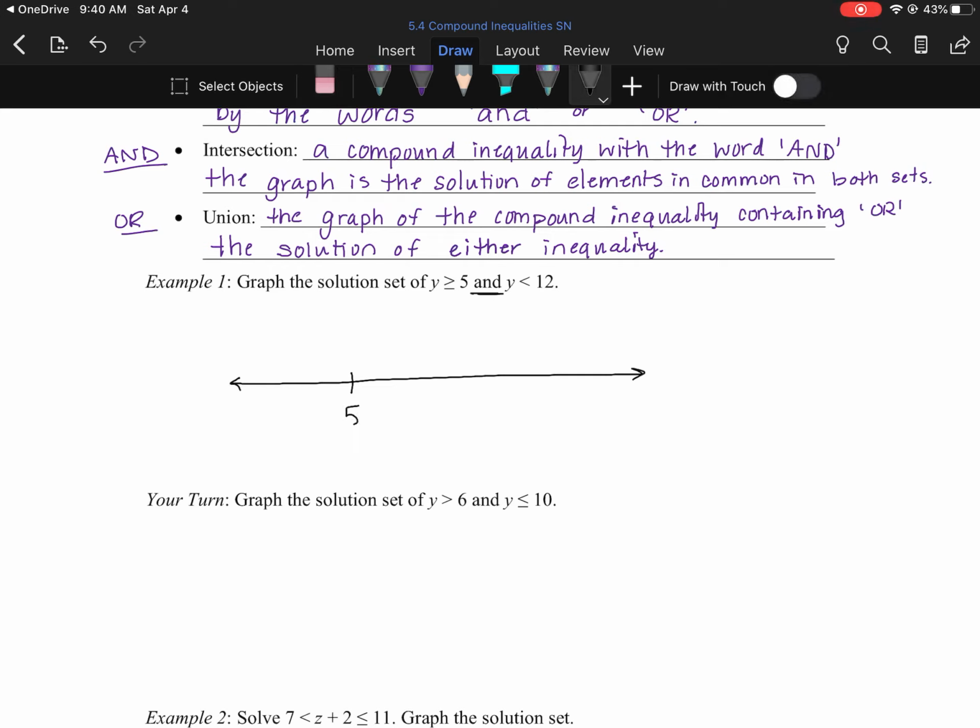So 5, not negative 5. So 5 needs to be on the left, and 12 needs to be somewhere on the right. And then just pick a value to the left of each, and then one in the middle. So I'm going to do 4. I'm going to put 9 in the middle, and 13 on the right, just to give us a few more numbers.